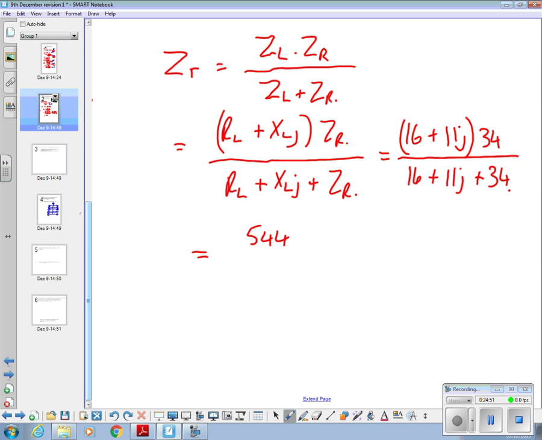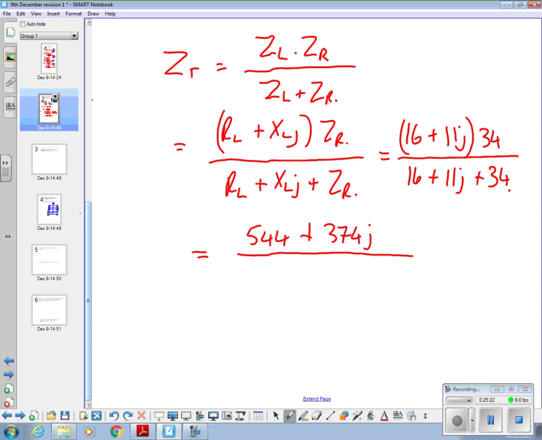Remember, 34 times that. 34 times 11, but j. So it's going to be plus whatever 34 times 11 is. You've got to multiply everything in the brackets by everything that's outside it, remember. That's the top line.